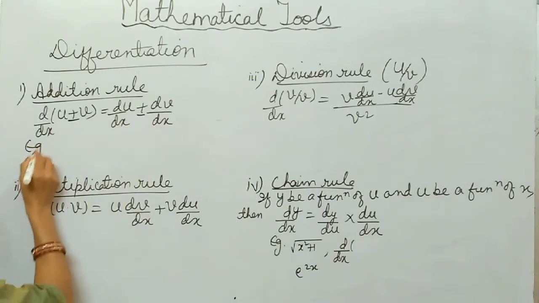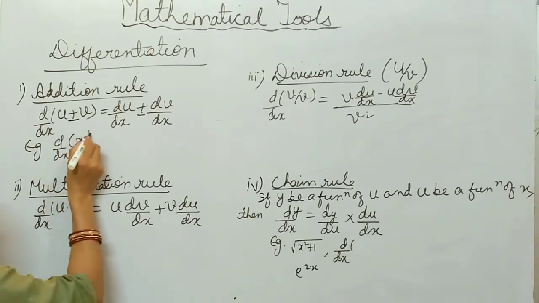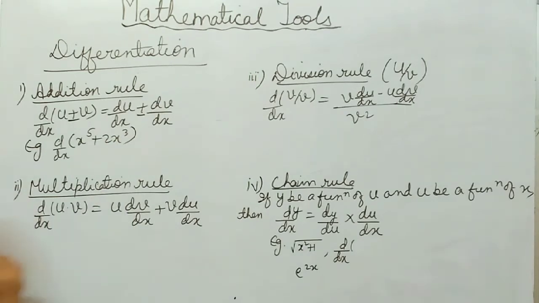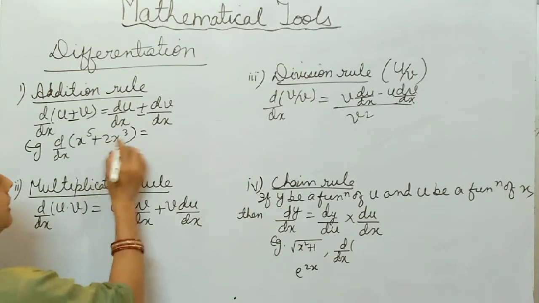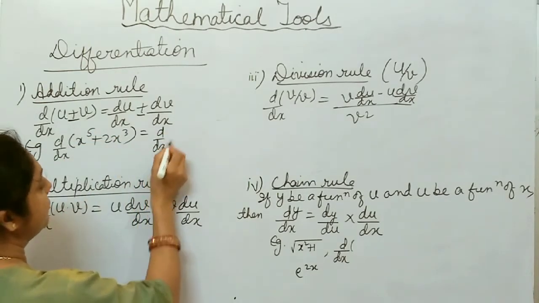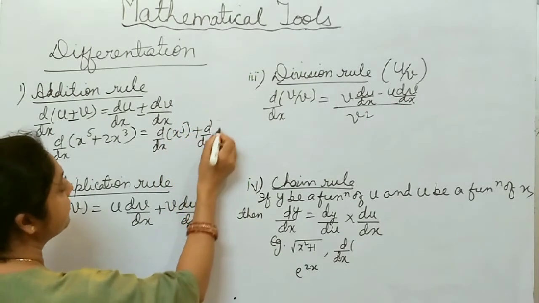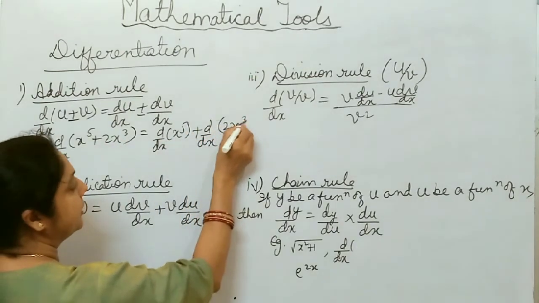For example, suppose d by dx of x to the power 5 plus 2x cube. You have to differentiate this. So you just differentiate these two separately. D by dx of x to the power 5, then d by dx of the second function 2x cube.